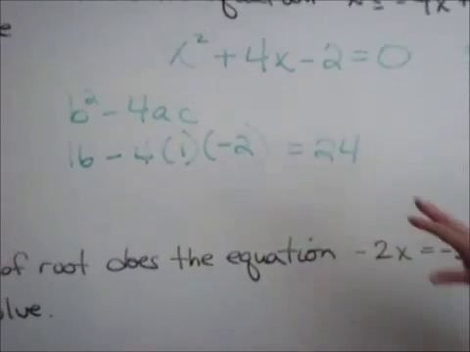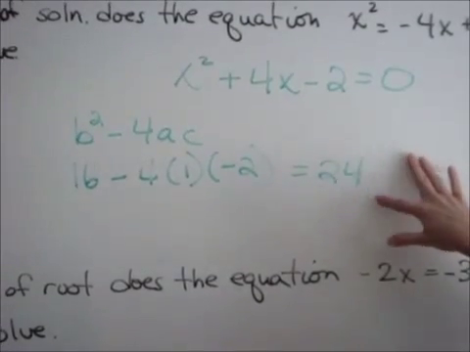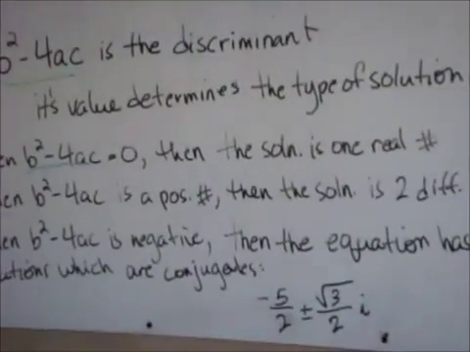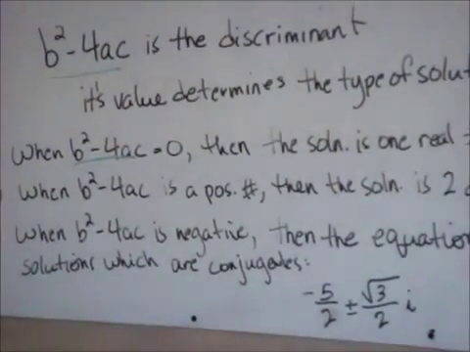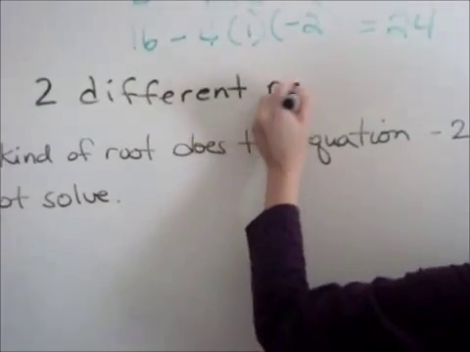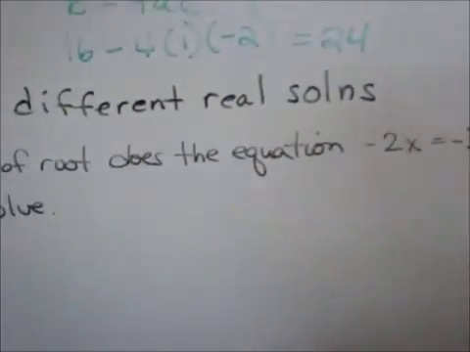So we got a positive number out of here. So we know that if we have a positive number, then we have two different real solutions. So we're just going to write down, this equation has two different real solutions. And that's all there is to this problem.